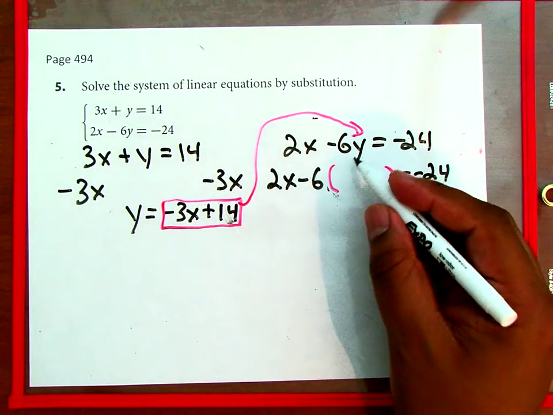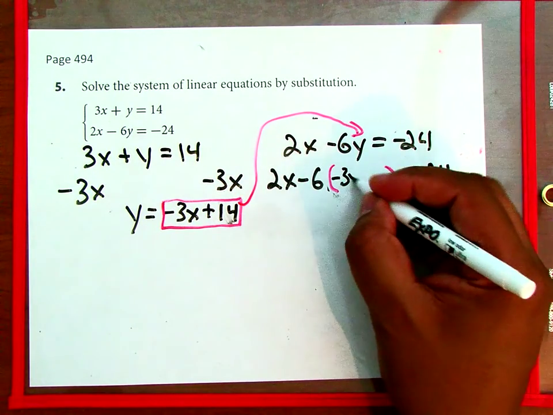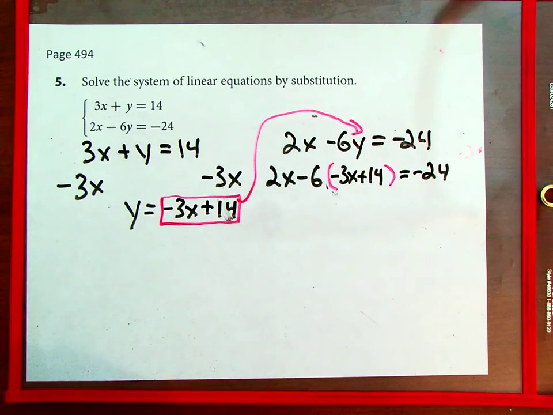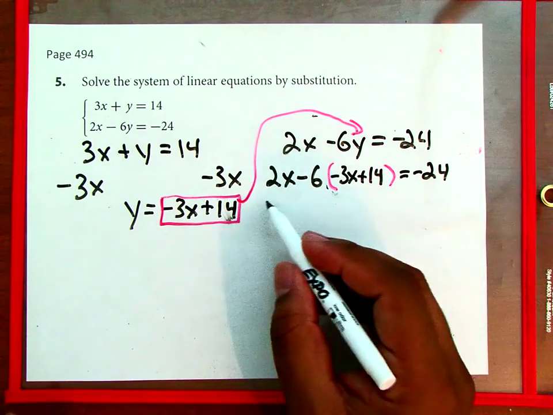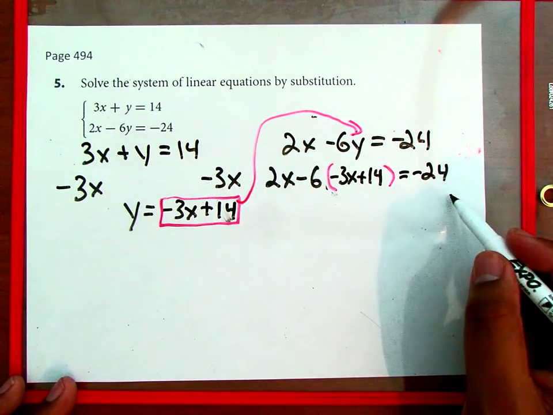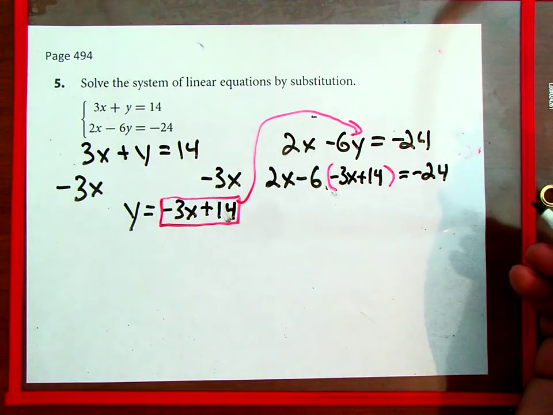I'm replacing that y with negative 3x plus 14. So now in this equation I don't have a y, and I can completely solve for x like any other one-variable equation.